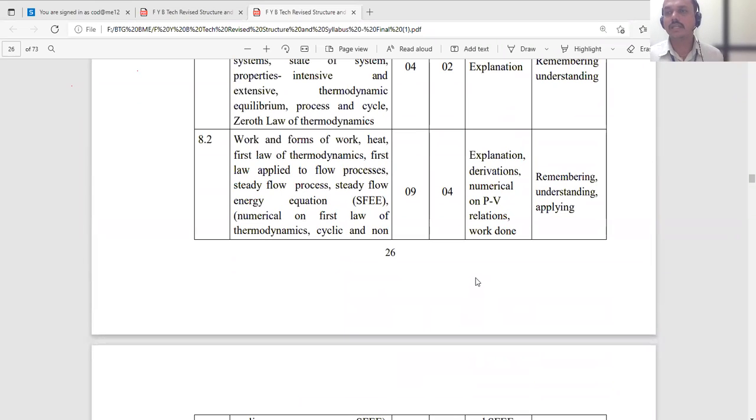Now, in this syllabus, anybody having any doubt? No, sir. Okay. Mayuri Patil, do you have any doubt? No, sir. Okay. Avinash Kapre. Nihal Molani. No, sir. Okay.